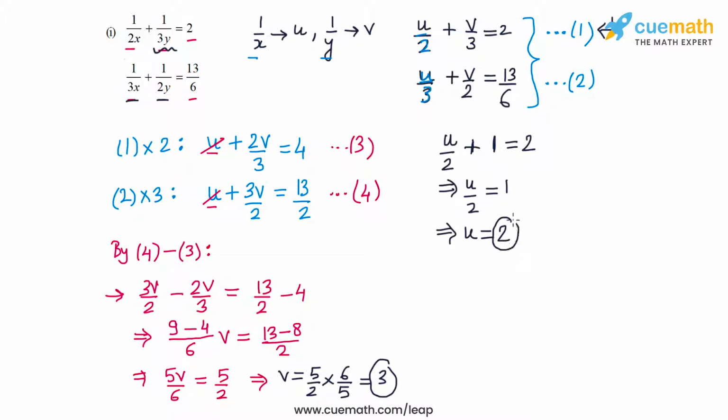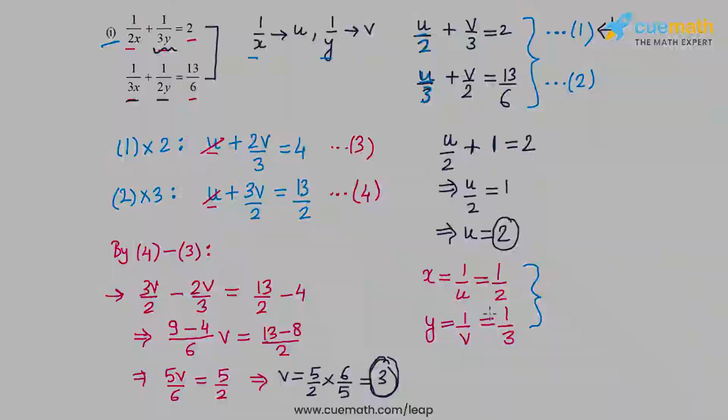So u is equal to 2 and v is equal to 3, but our original pair of equations is in the variables x and y. So we have to find x and y from u and v. So x is equal to 1 by u, and hence x is equal to half, and y is equal to 1 by v, and hence y is equal to 1 by 3. So the answer to this first part is that x is equal to half and y is equal to 1 by 3.